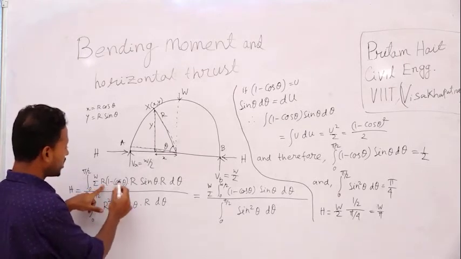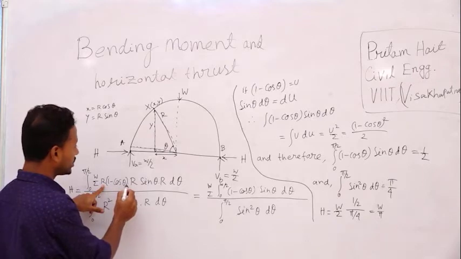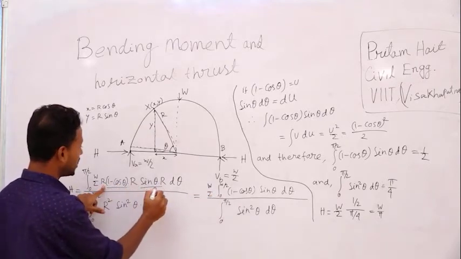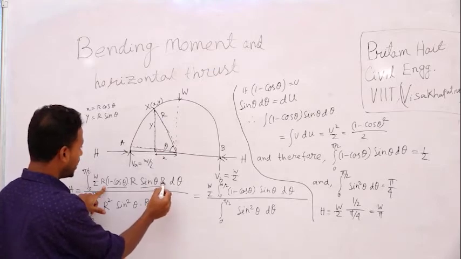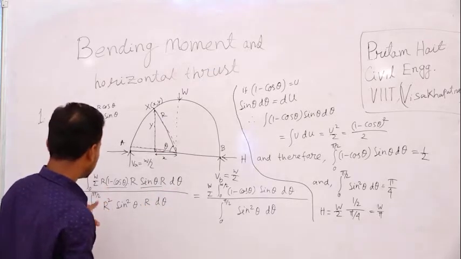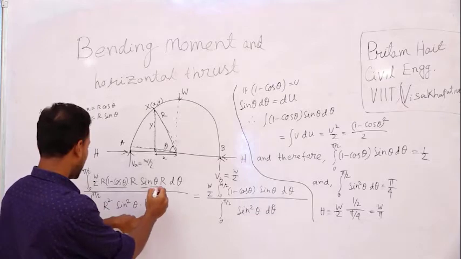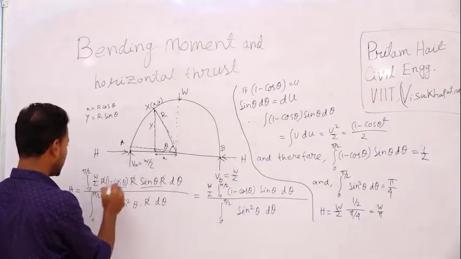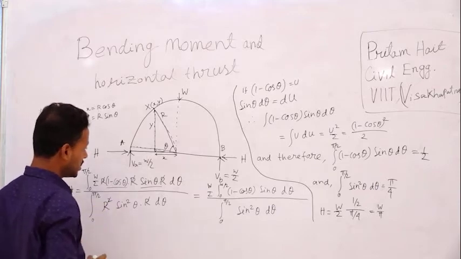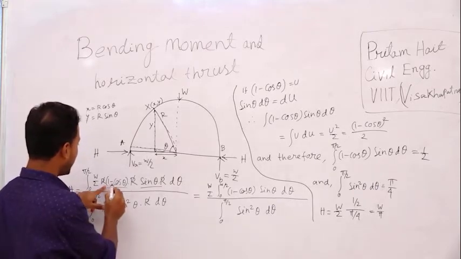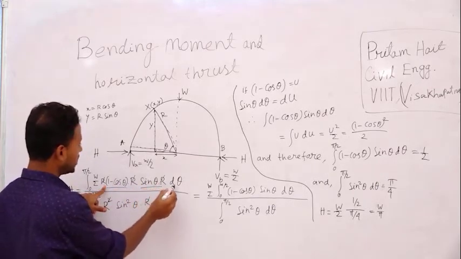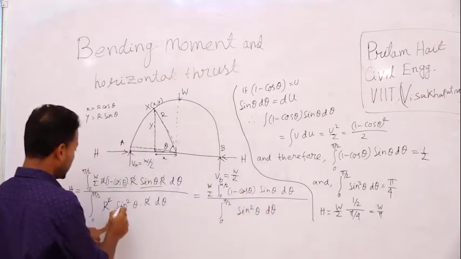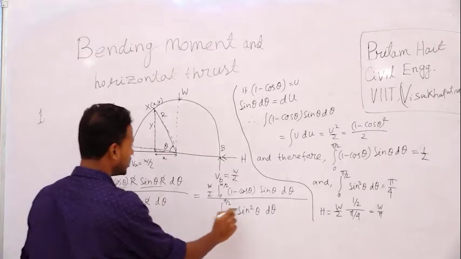In the numerator we will have 1 minus cos theta into sin theta into r d theta. So this r and this r are cancelled, and r square and r square are cancelled. So we will have 1 minus cos theta sin theta d theta. Here sin square theta d theta.